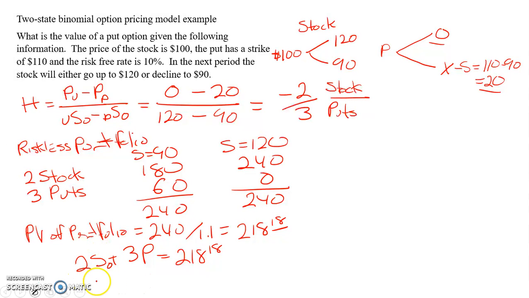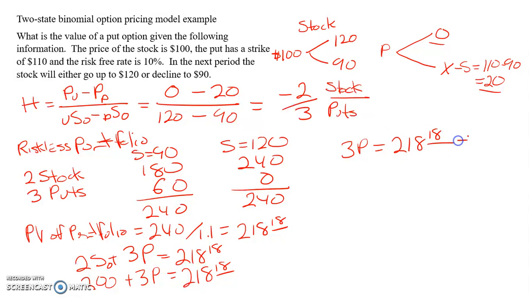So this is 200 plus 3 puts is equal to $218.18. So here 3P is equal to 218.18 minus 200. So 3 puts is equal to $18.18. The cost of a put is equal to $6.06.